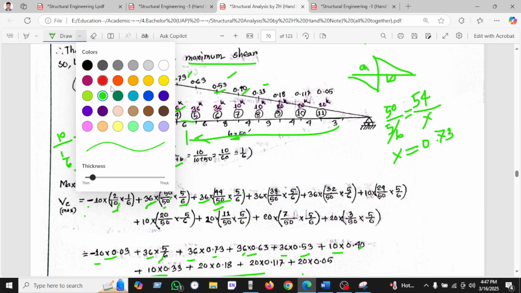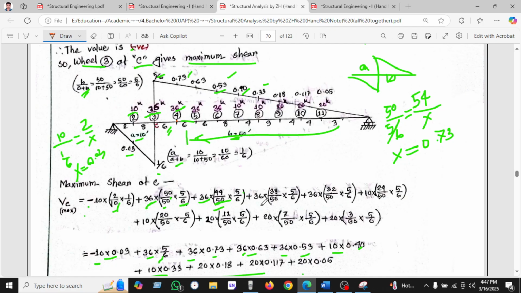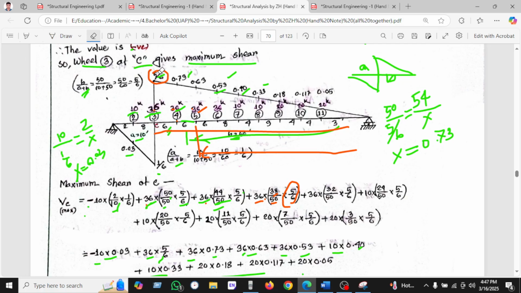I'm just taking another 36, and 50 is the total length, and 38 will be the distance from the left side to this point, and 5 by 6 will be the maximum. We have found the coordinate here.